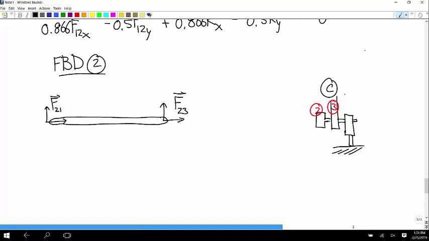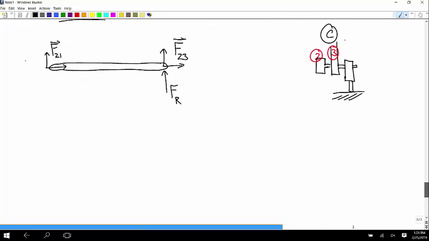And then we have the upward force applied to the roller that I'll call FR. And I guess I'll choose the about point over here.